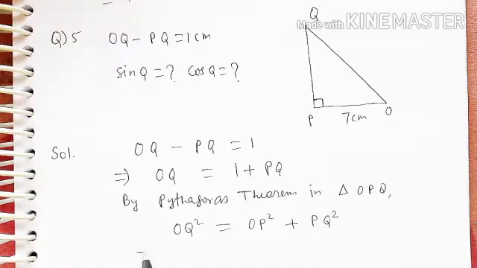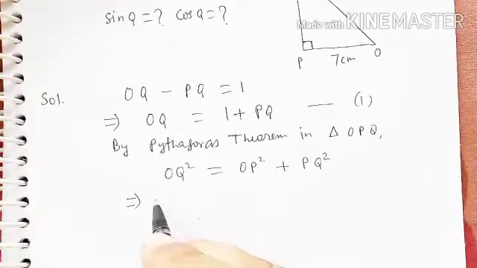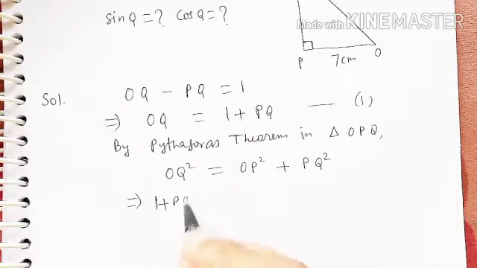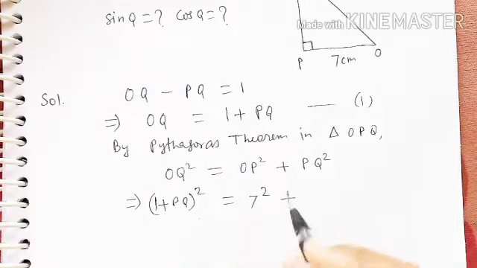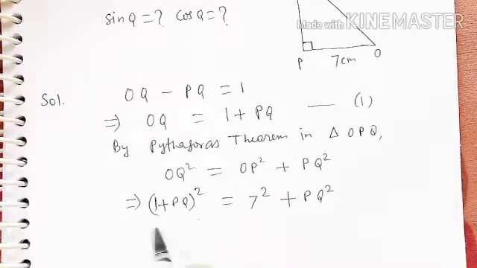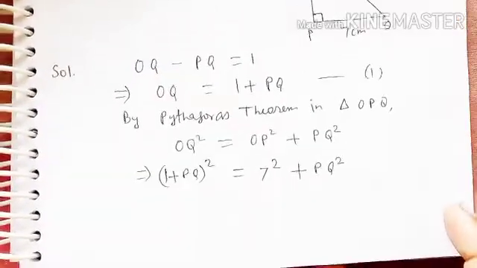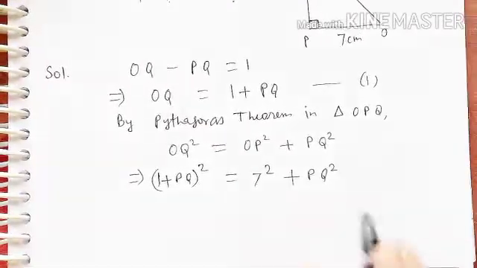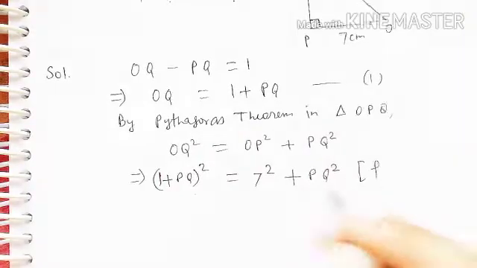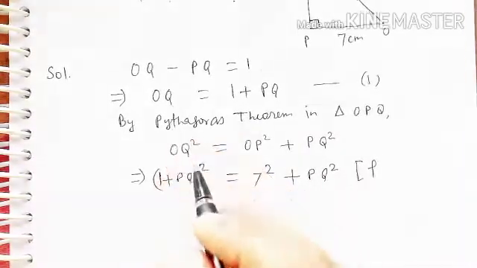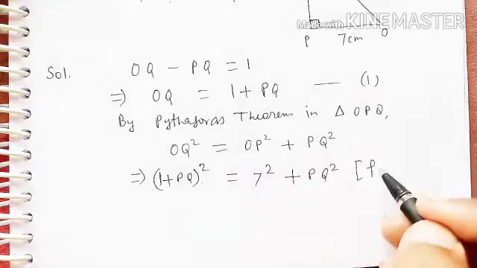So OQ is 1 plus PQ, OP is given 7, here PQ square. We have an equation in PQ. From here we can get the value of PQ. Then after putting the value of PQ in this one, we get OQ. Here OQ is 1 plus PQ from equation 1.